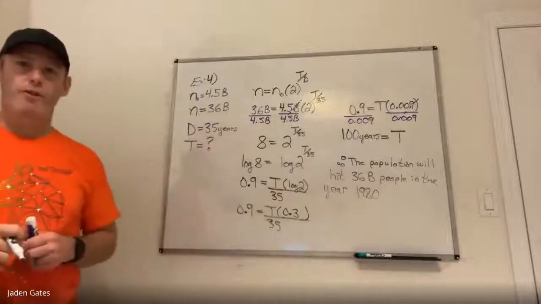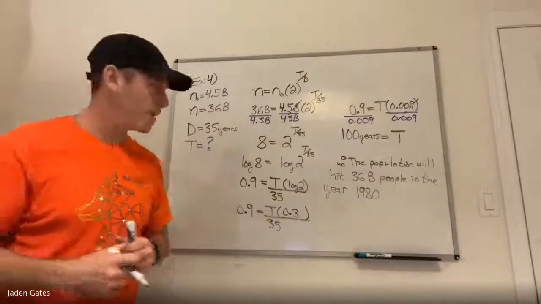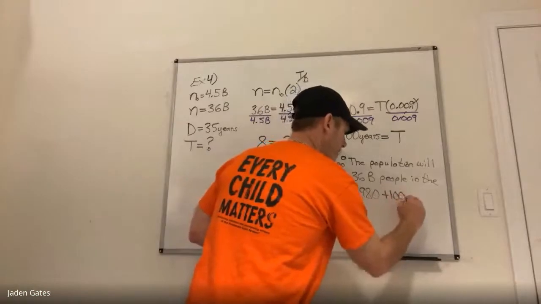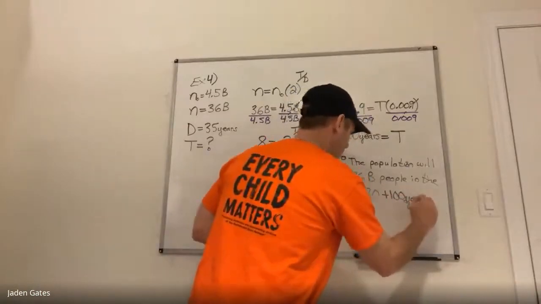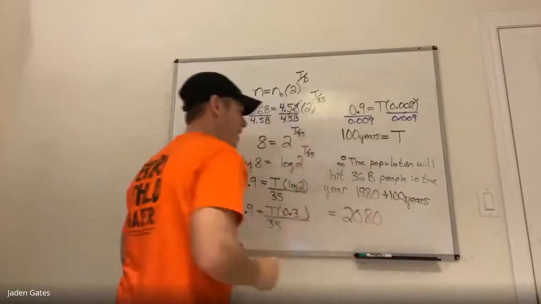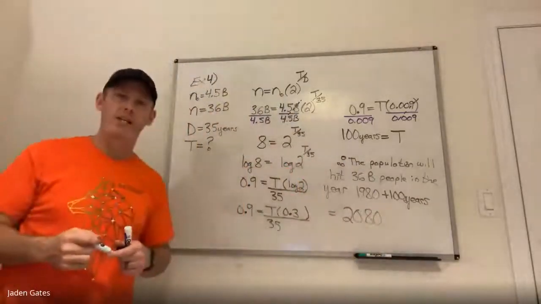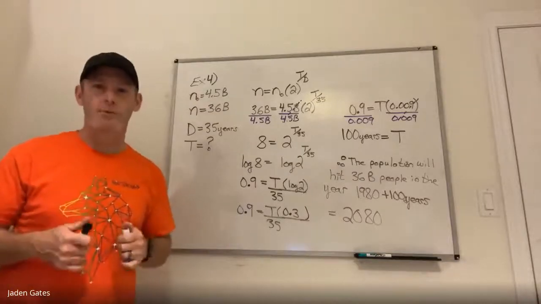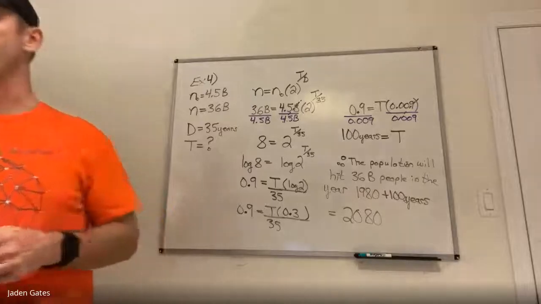That was our initial value. 100 years from that, that's what our answer said. 100 years will have gone by. And so in the year 2080, we could project that there will be 36 billion people on the Earth, which again, I believe is 4 times what we have now. I believe we're at 8 or 9 billion people now.